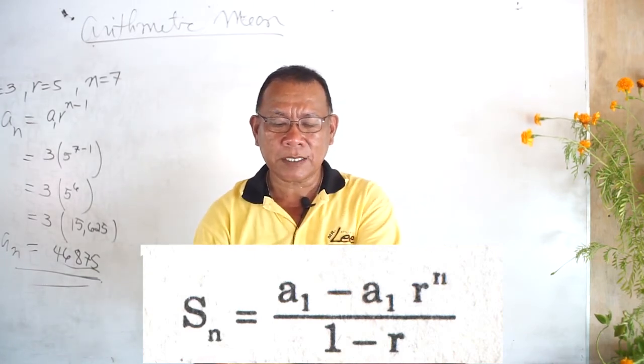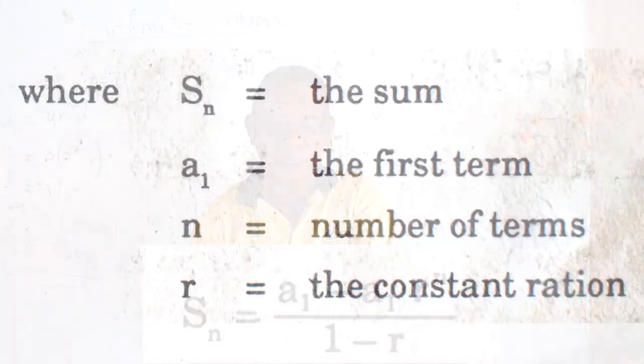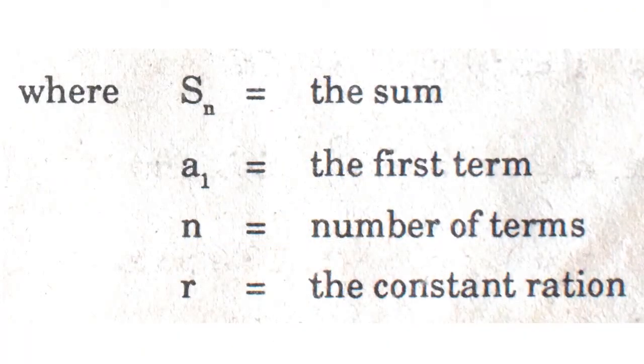Where S subscript n stands for the sum, a subscript 1 stands for the first term, n stands for the number of terms, and r stands for the constant ratio.